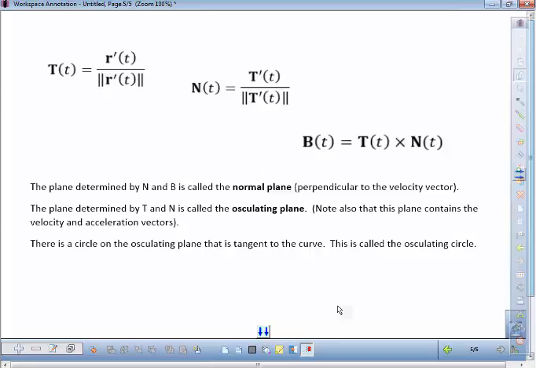It's perpendicular to the curve that you're on. And then the third plane would be your tangent and your binormal. Like I said, it doesn't have a name. But those three planes create your three-dimensional space. Or actually, the three vectors are enough to create your three-dimensional space.